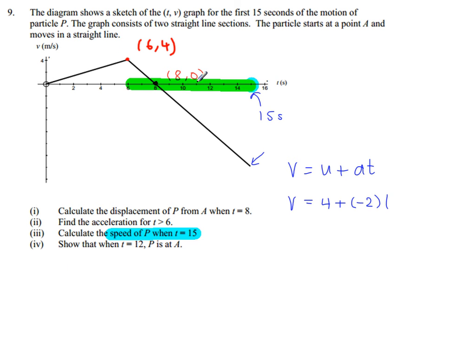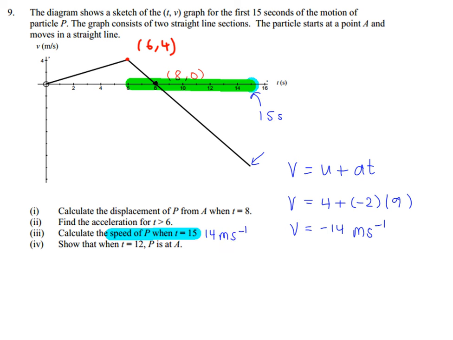So the time for this interval, for which there is deceleration or negative acceleration, is 9 seconds. So the velocity is minus 14 meters per second, but we know that speed will be just 14, so the answer is 14 meters per second.